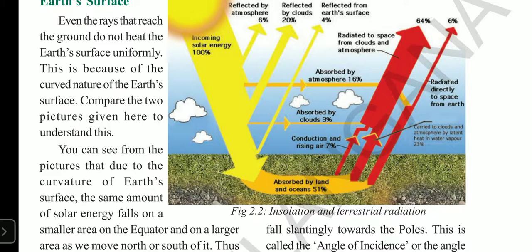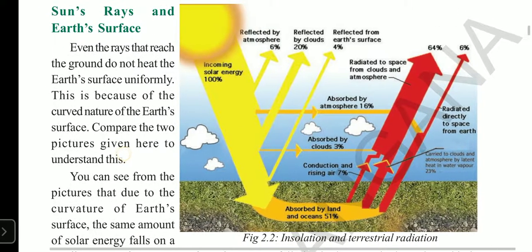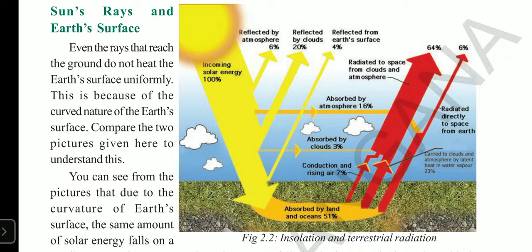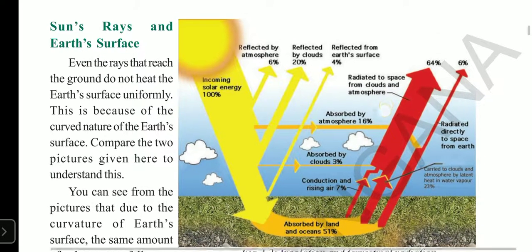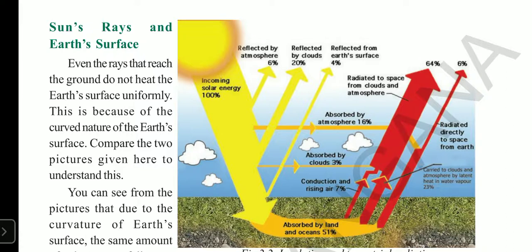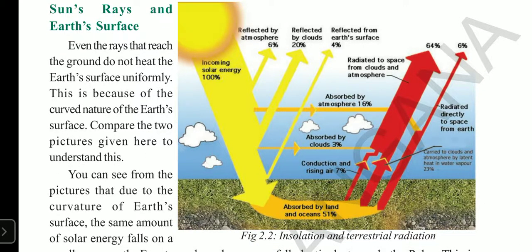right? So here we see that even the rays that reach the ground do not heat the earth's surface uniformly. The sun rays which reach the earth's surface do not show equal distribution of temperature throughout the earth. Instead, the temperature absorption depends on the nature of the surface, my dear students.